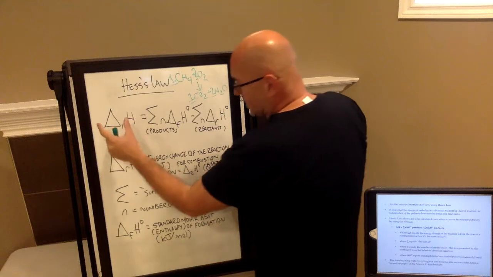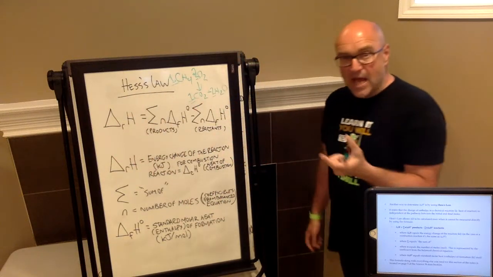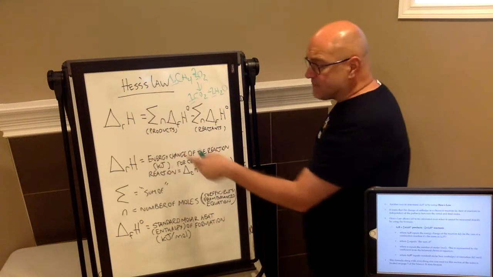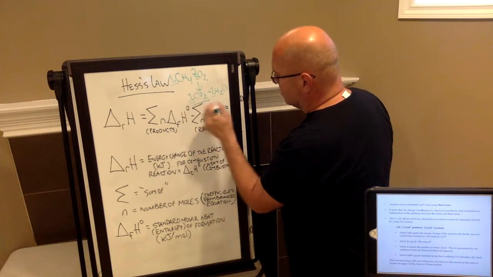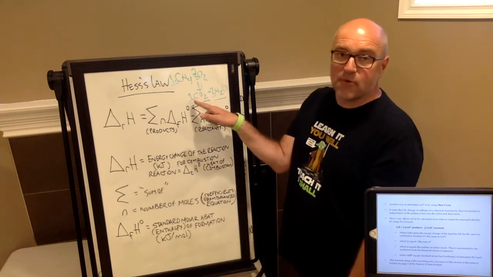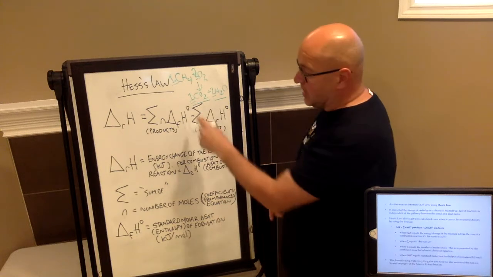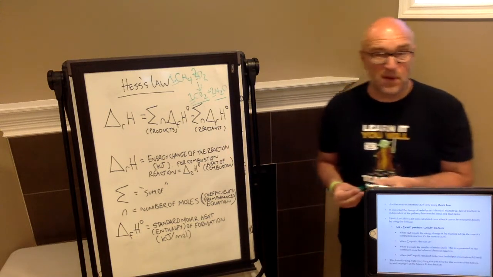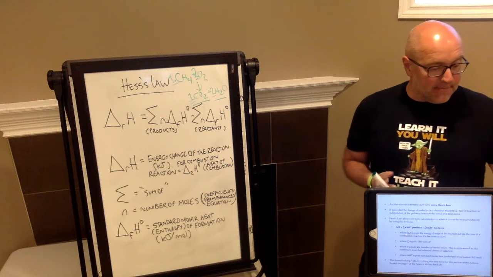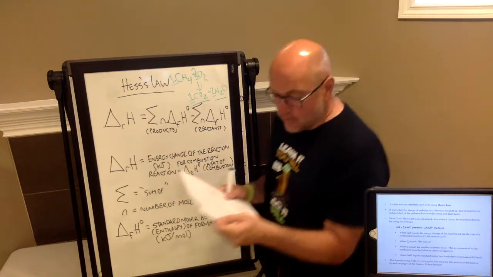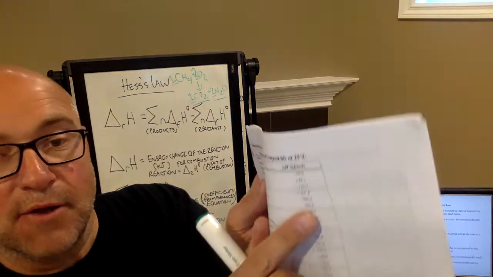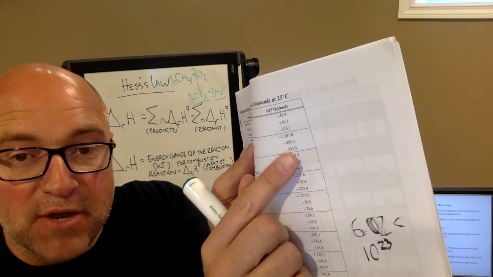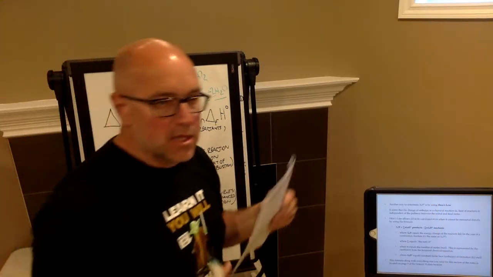In order to calculate the heat of the reaction, I have to calculate each of my products. I have to times the number of moles of that product. So in the case of carbon dioxide, in this case, it would be 1. Then I would times that by its standard heat of formation, which in this case would be negative 393.5 kilojoules per mole.